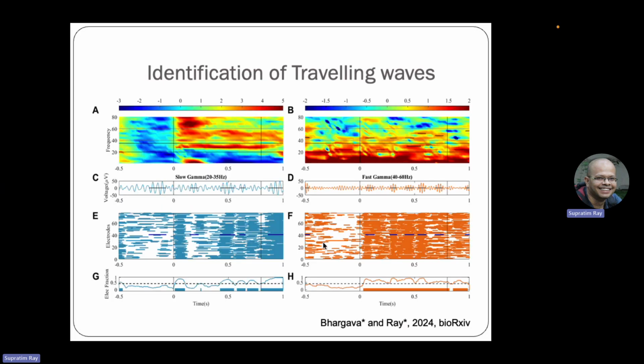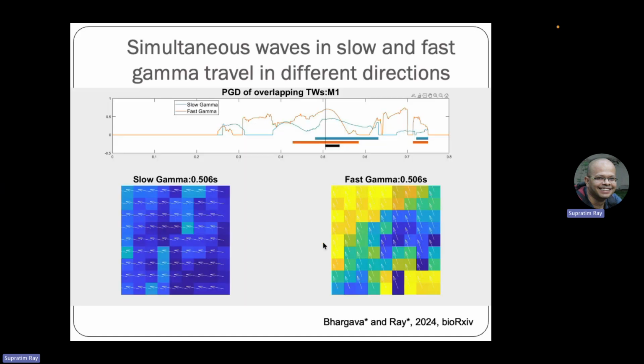It's a great question to ask in this data set because we simultaneously have two waves, the slow gamma and fast gamma. So you can ask whether these gamma oscillations generate waves, and if so, is there a relationship between slow and fast gamma waves? The math here is fairly complex, so I'll skip that and just show you the answer.